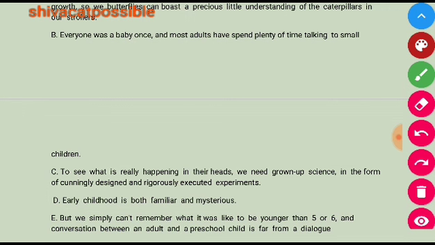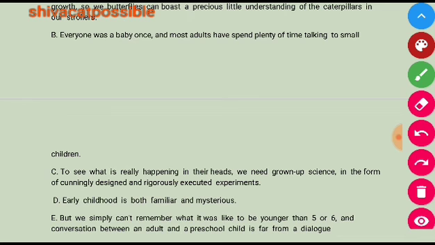Now D is the opening sentence. Next, everyone was a baby once, most adults have spent plenty of time, B and E. B and E as connecting, because everyone was a baby once, most adults have spent plenty of time talking to small children, and E, but we simply cannot. So it is a connecting pair.